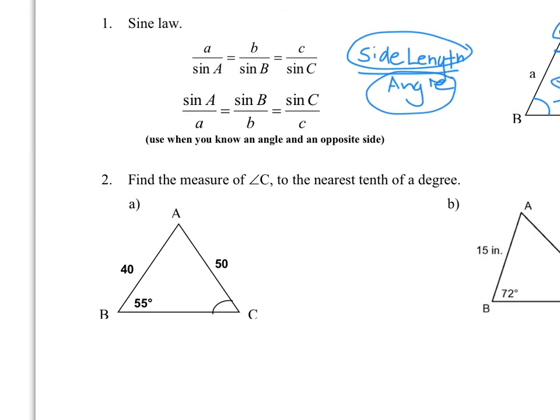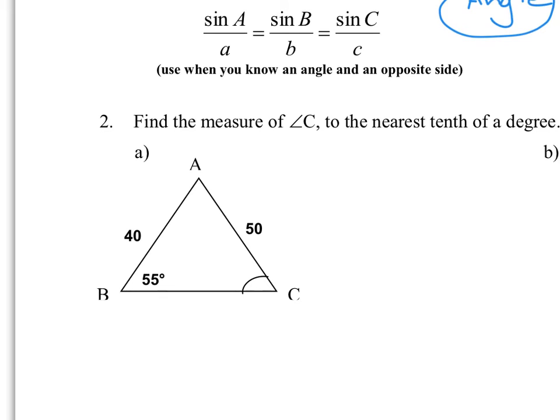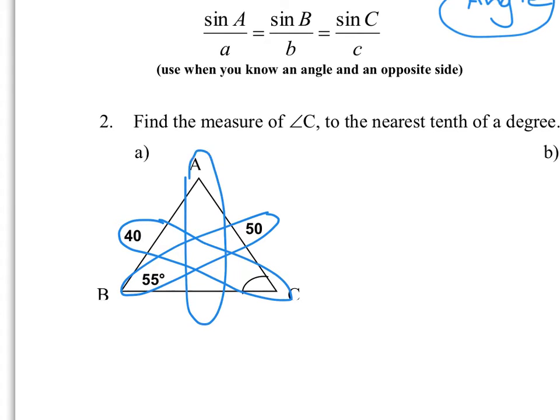Now, if I look at the first question here, it's asking me to find angle C. First of all, what I'm going to do is circle matching side lengths and angles. I can even circle A here. Now I'm going to get rid of one of the matches that I've made. I don't need all three.